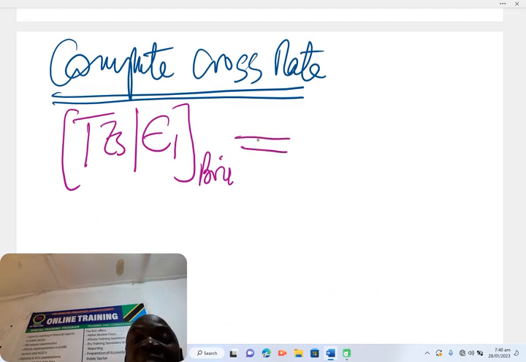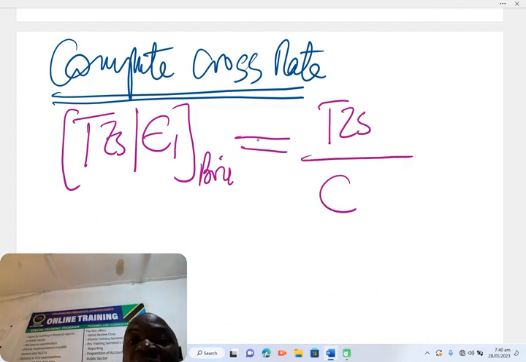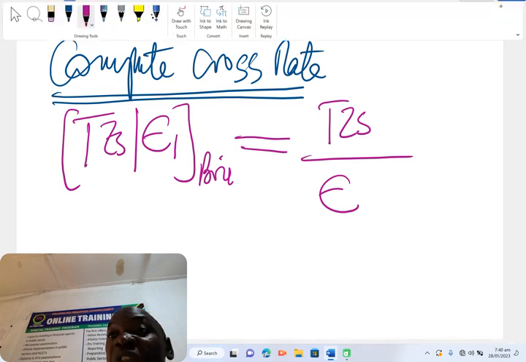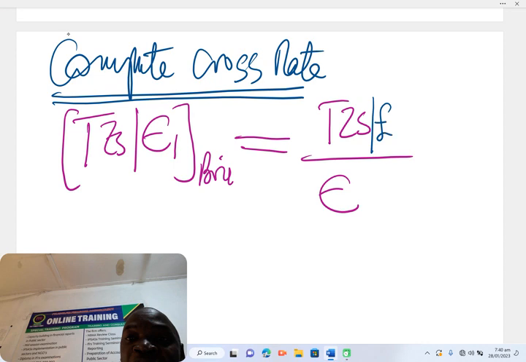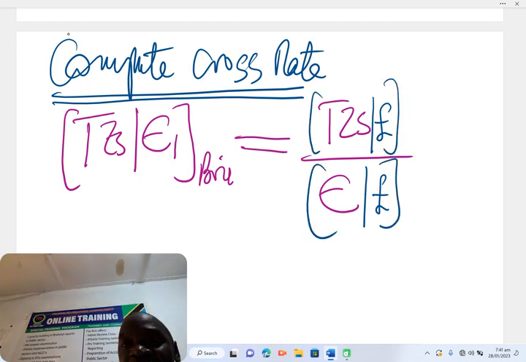So you just write here, look how I'm writing, TZS over pound. But then you divide each number by the common currency. Divided by pound. Again, remember, after taking that, you write here bid over ask.